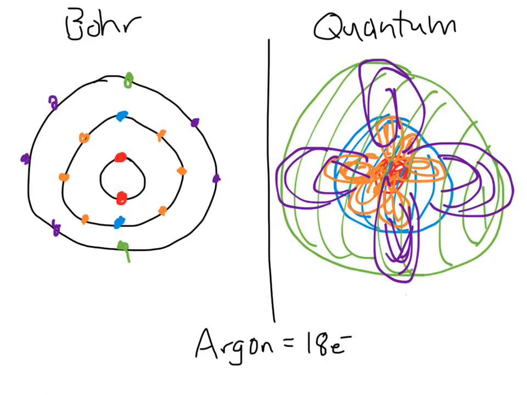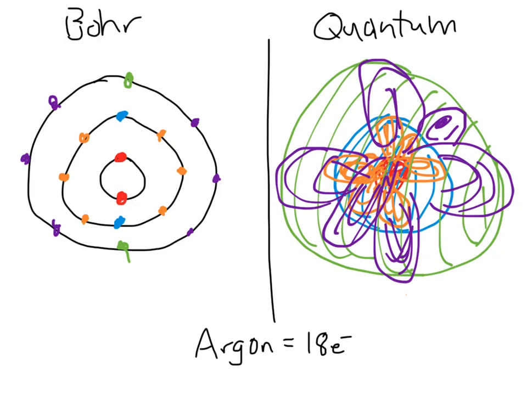And then 2 electrons doing a P shape coming out of the paper and kind of behind it. How many electrons is that? 18, which means we're done. Everybody follow that? So, 2 versions of the model. The one on the right, the quantum, is more accurate, but it's really hard to draw.